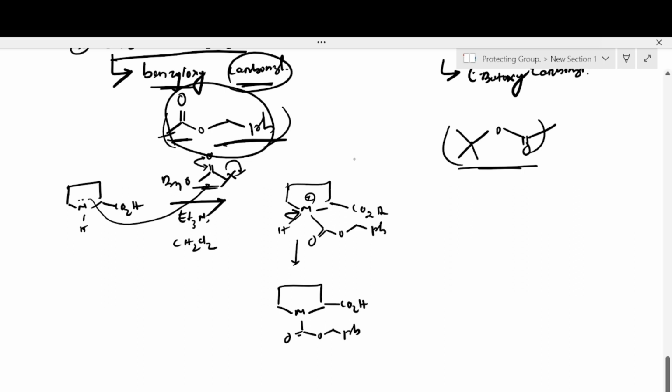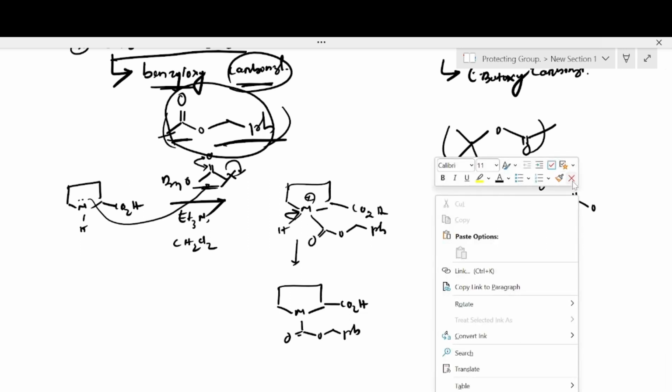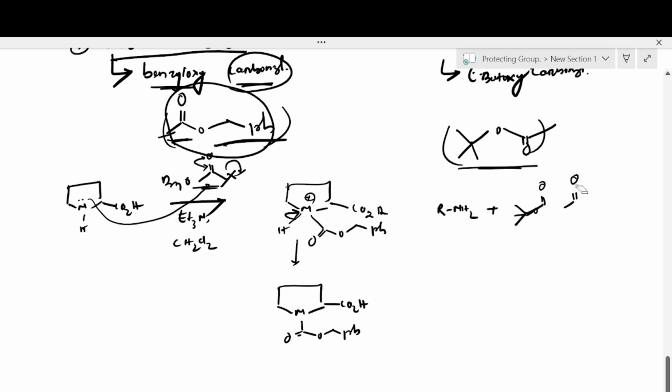Similarly, for BOC protection, we need an amine and BOC anhydride. The chemical structure of BOC anhydride is like this.